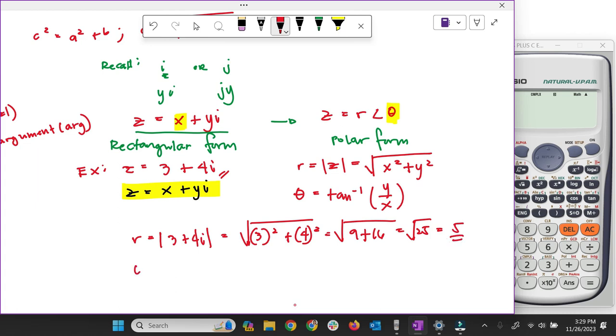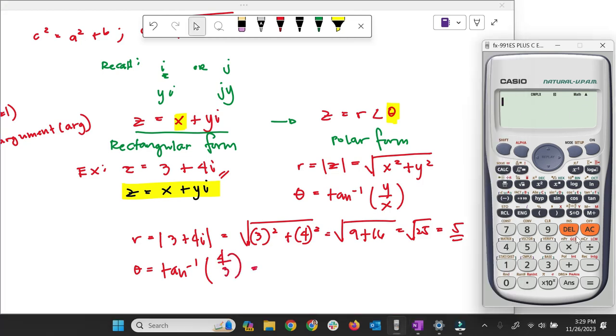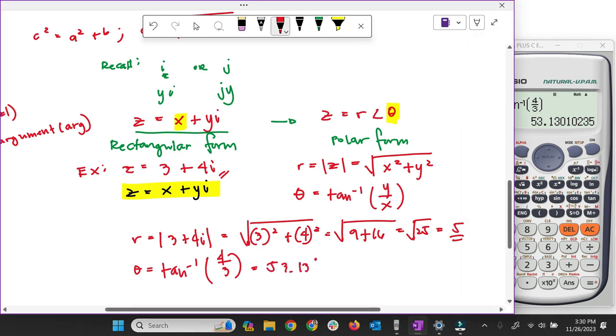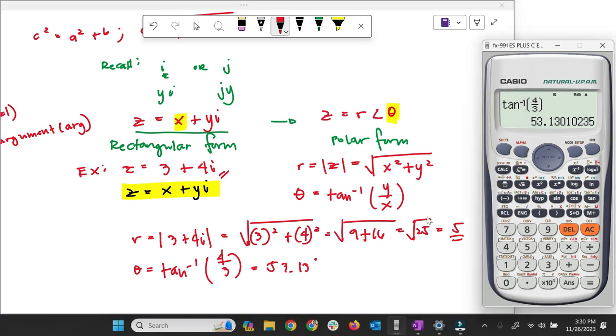Now, if you want to get the argument, this is simply the arctangent of 4 all over 3, which, if we will use our calculator, this will be the arctan of 4 all over 3, which is equal to 53.13 degrees kasi naka-degree mode yung ating calculator.